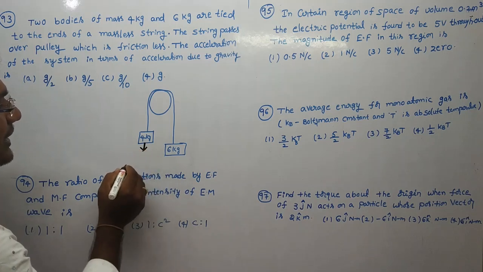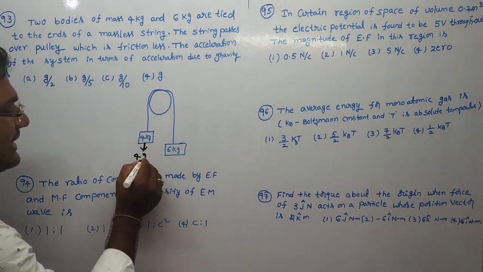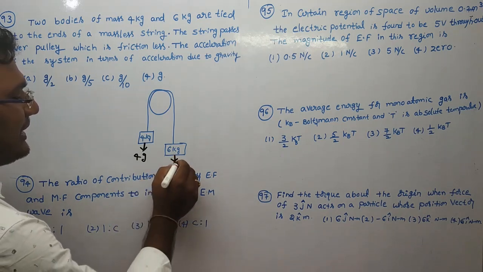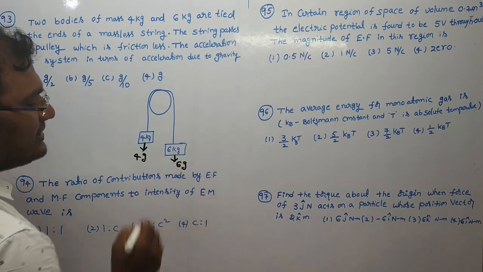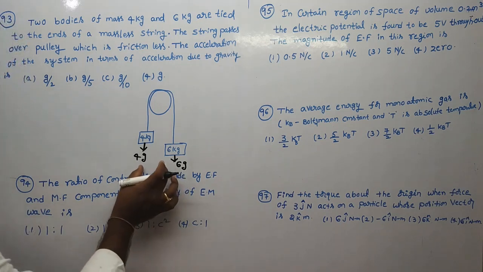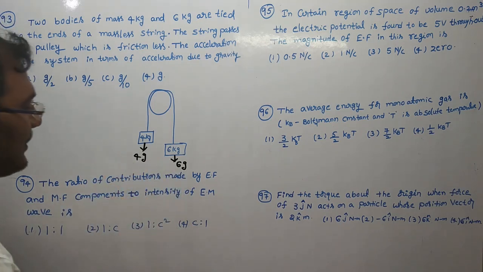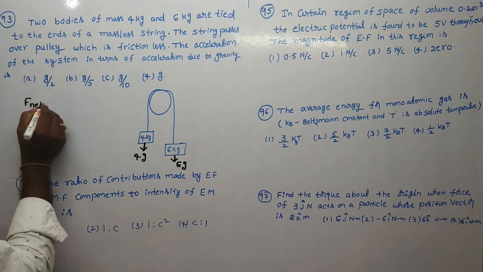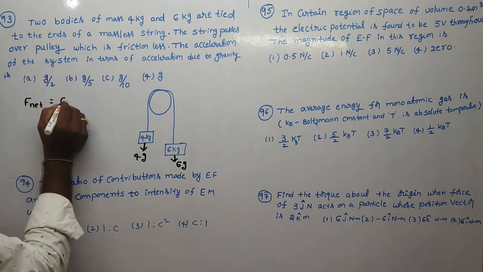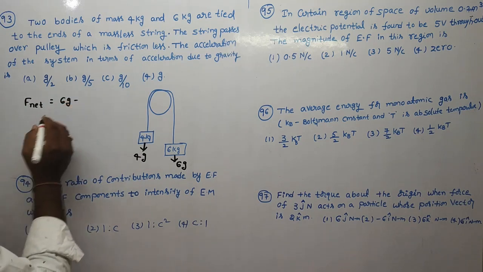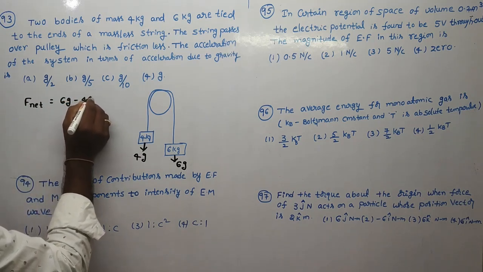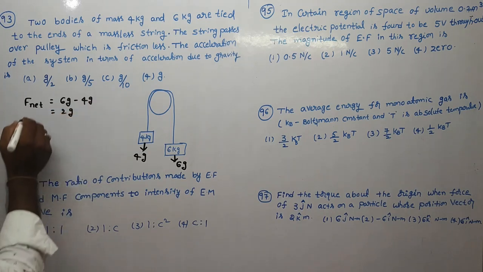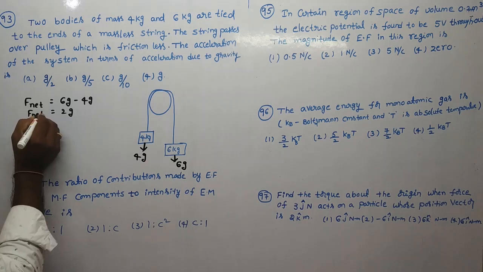The weight of the 4 kg body, 4g, acts downwards, and also the 6 kg body, 6g, acts downwards. In this situation, the net downward force F net equal to 6g minus 4g, that equals 2g.